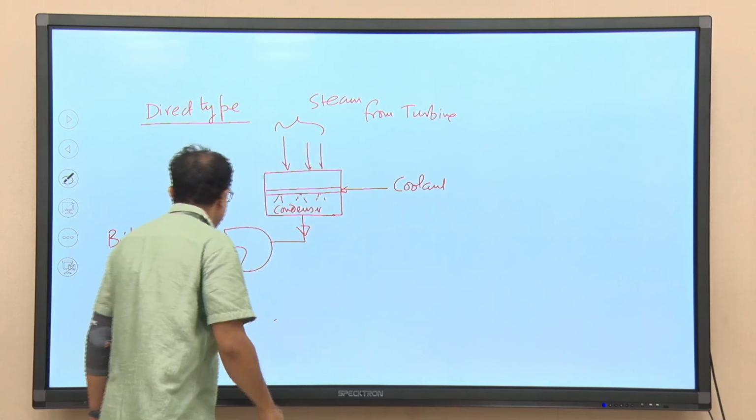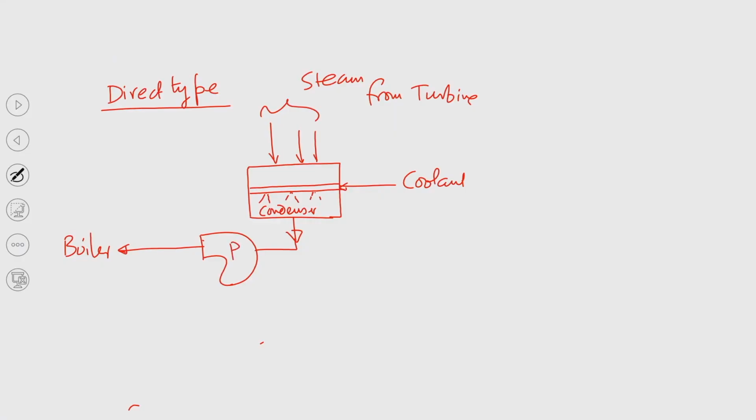So, what we need to do? We need to ensure that when it is pumping, the required quantity is going to the boiler, and the remaining quantity will be taken to the cooling tower. So, the remaining amount will be taken to the cooling tower, and from the cooling tower, it is called a dry cooling tower, that will be supplied here.